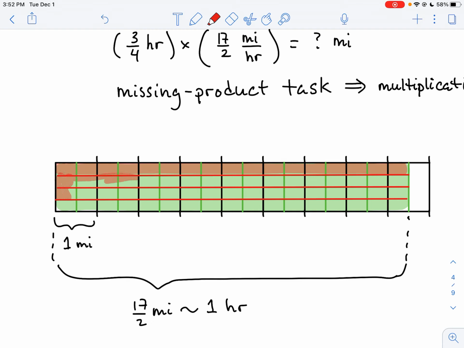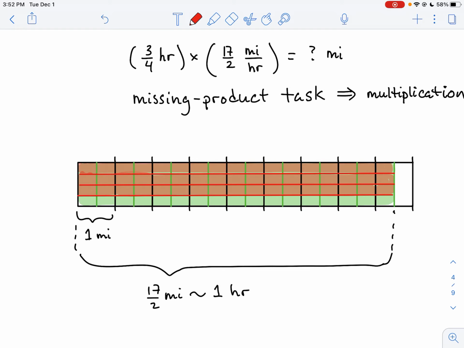Oops, this is not what I intended. Let's make that look decent. Okay, so I'm going to take the time here to shade in 3/4 of the green. Okay, so now the red is shaded 3/4 of the green.